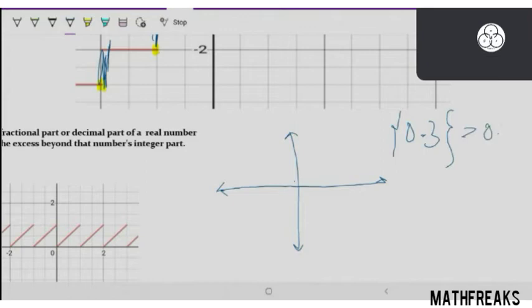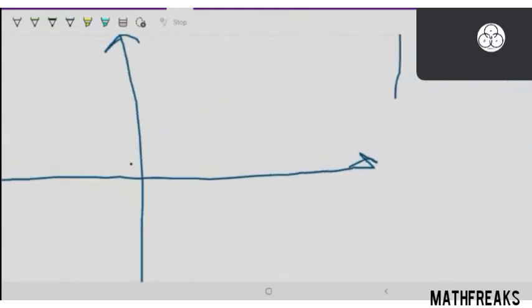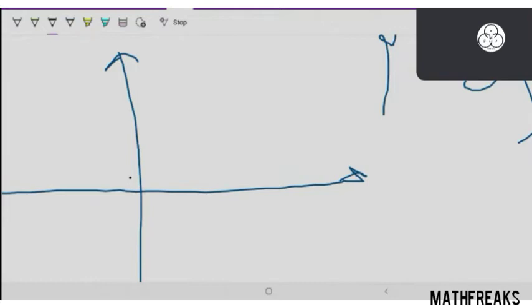This will be 0.3, right? So let us take some numbers: 1, 2, 3. For any number here in this region, when I am considering 0.3, this will map to 0.3 only.